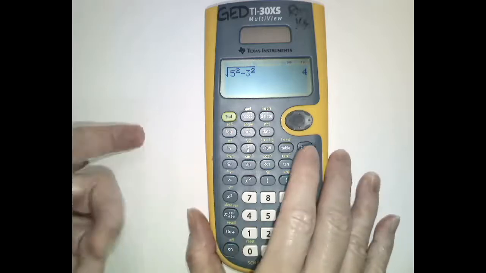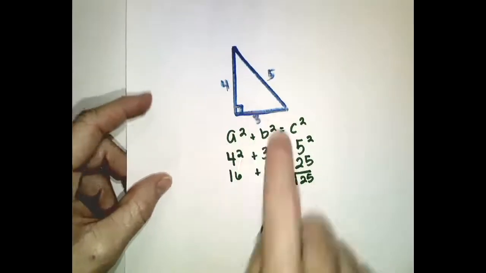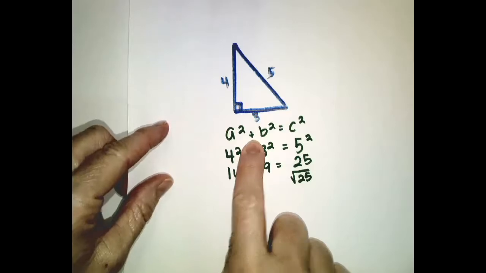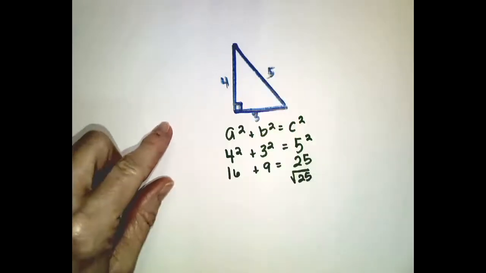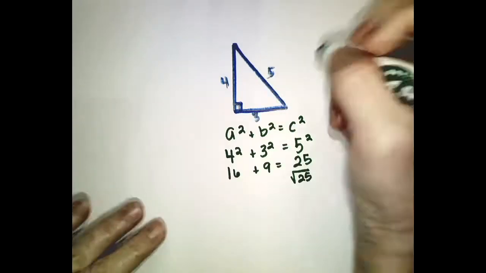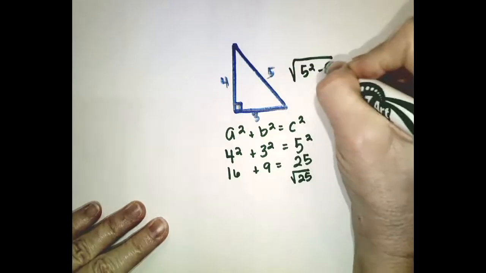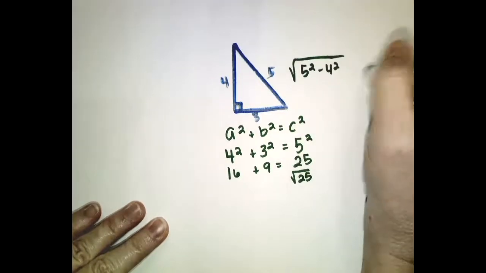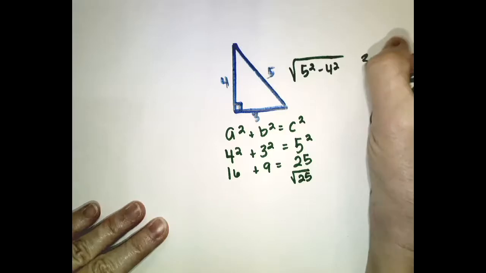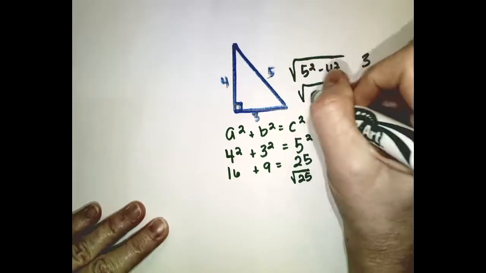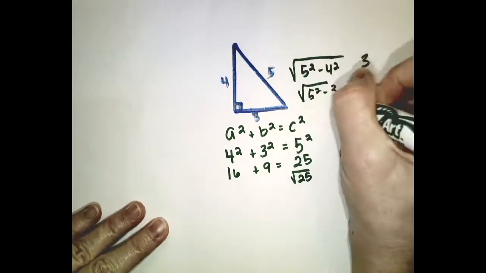See? So when we have A and B, it has to be an addition problem. But if we happen to have C, it has to be a subtraction problem. You can say 5 squared minus 4 squared. And when we hit the enter sign, we'll end up with the 3. Or we could say 5 squared minus 3 squared.